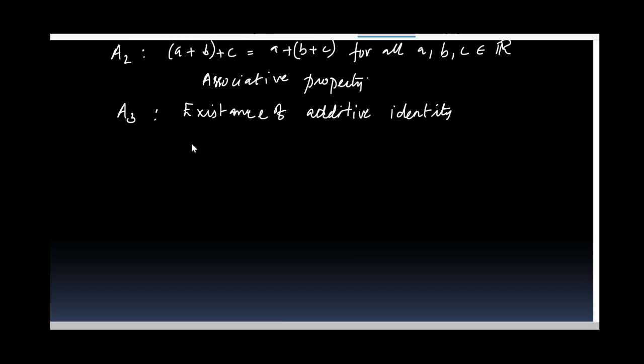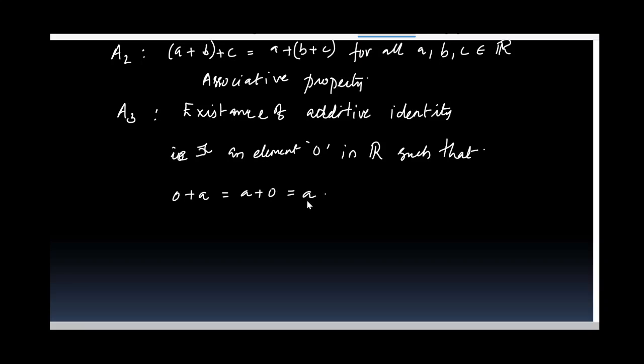That is, there exists an element 0 in R such that 0 + a equal to a + 0 is equal to a for all a belongs to R.